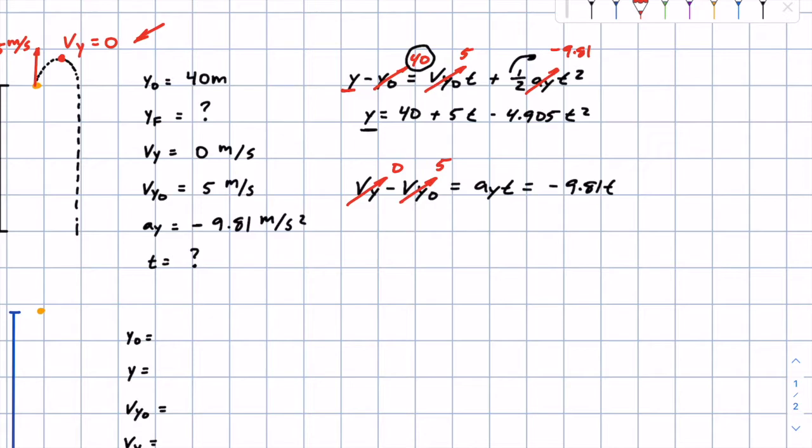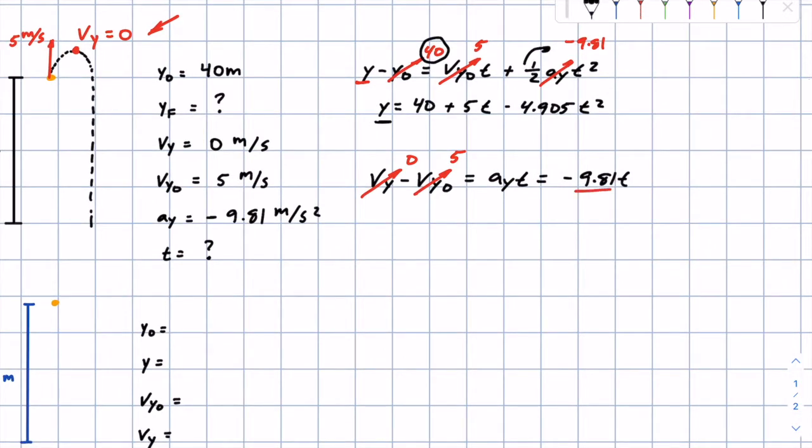And we know that acceleration is negative 9.81, so we've got negative 5 is equal to negative 9.81 t, and that gives us a solution of t is equal to 0.510 seconds. Okay, that's helpful.